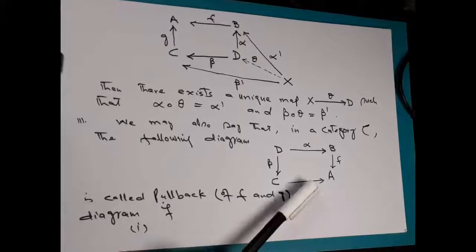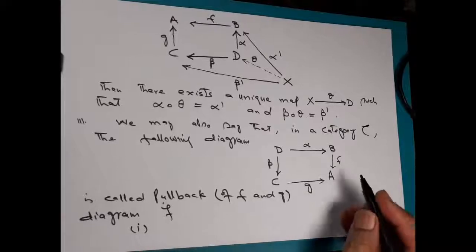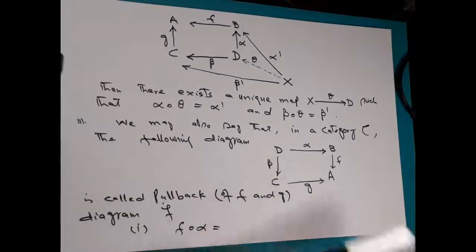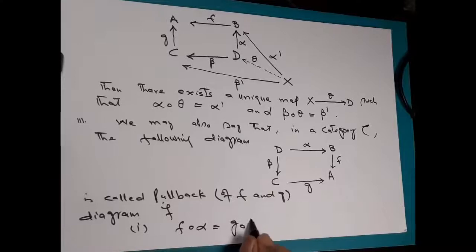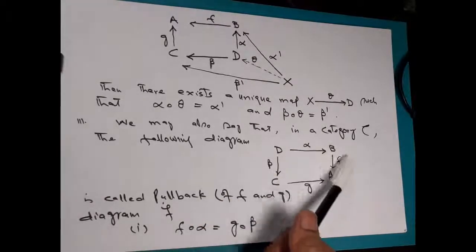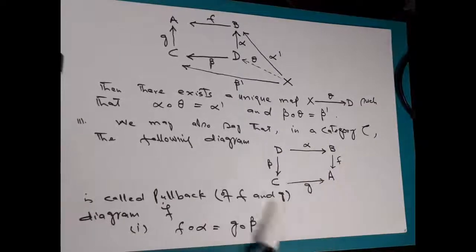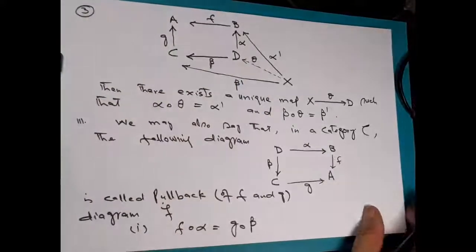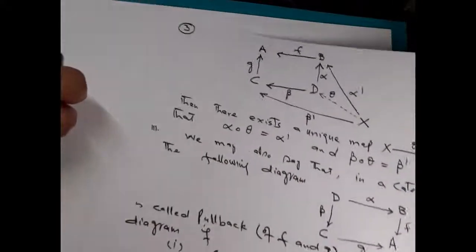First of all, the diagram has to commute, and that means that F composed with alpha is equal to G composed with beta. In fact, writing the diagram in this way will make things slightly simpler, because this is the way we are mostly habituated to seeing diagrams. So this is the first condition, and the second condition we have already seen.